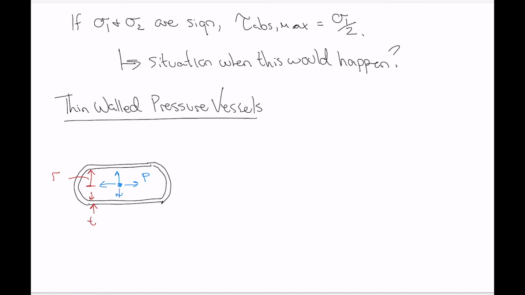We'll say that this is the gauge pressure within the tank. The gauge pressure is simply the difference between the absolute pressure in the tank and the atmospheric pressure. We most often reference pressures relative to normal atmospheric pressure, so that gives us the gauge pressure.